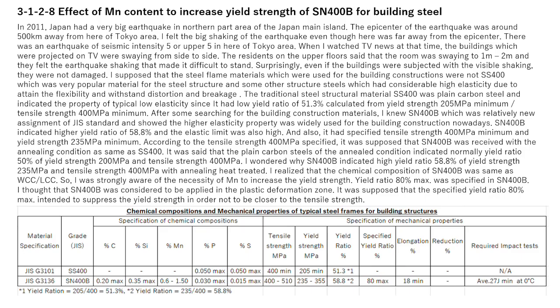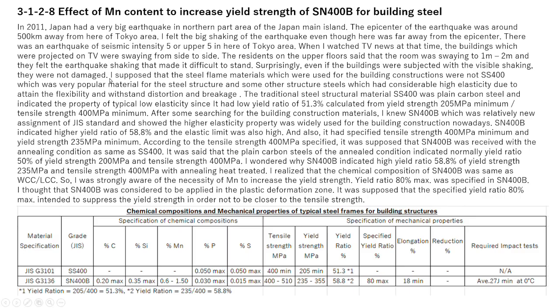The residents on the upper floors said that the room was swaying 1 meter to 2 meters, and they felt the earthquake shaking that made it difficult to stand. Surprisingly, even if the building was subject to visible shaking, they were not damaged.